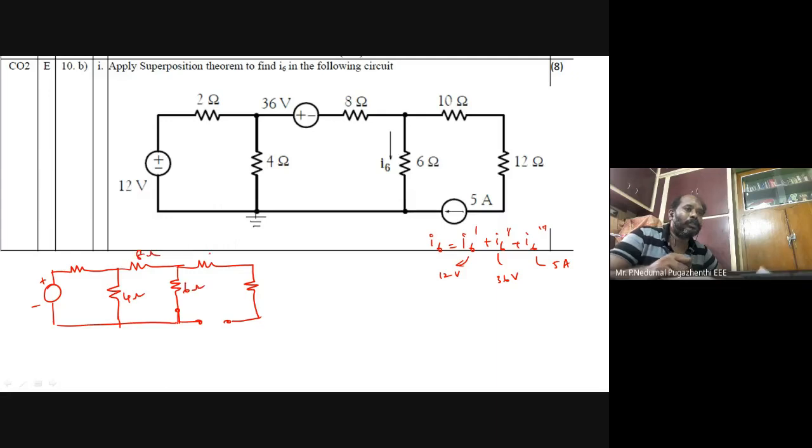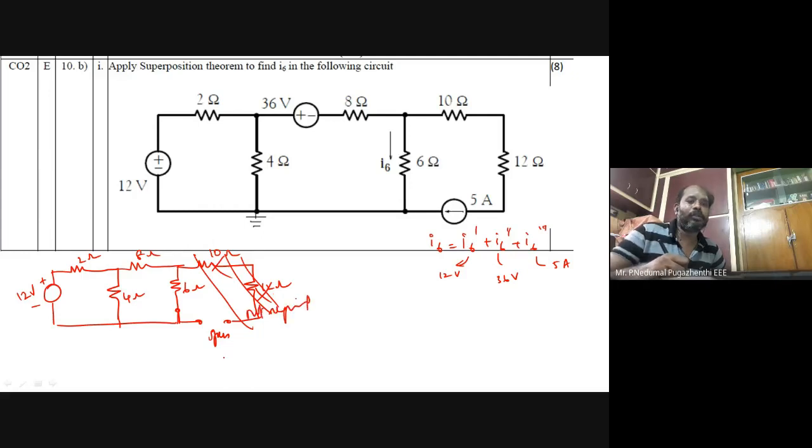This is 6. This is 10 ohm. This is 12 ohm. And this is 2 ohms. This is 12 volt. Now, since this is open actually, there is no current flow through this 10 ohm and 12 ohm. So this part is not required. So only two loops are there.